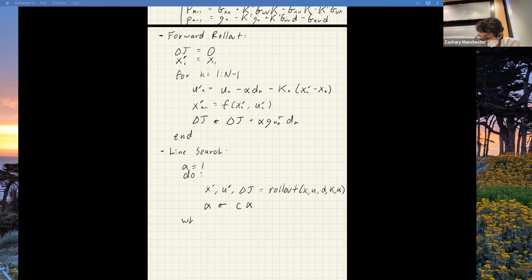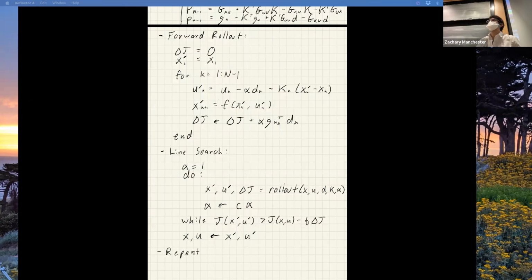We do this while the Armijo condition isn't satisfied. So that would be, the new cost is greater than the old cost minus some tolerance times the expected decrease. And then once the Armijo condition is satisfied, we set the nominal trajectory equal to the new updated one, and we repeat until we converge.